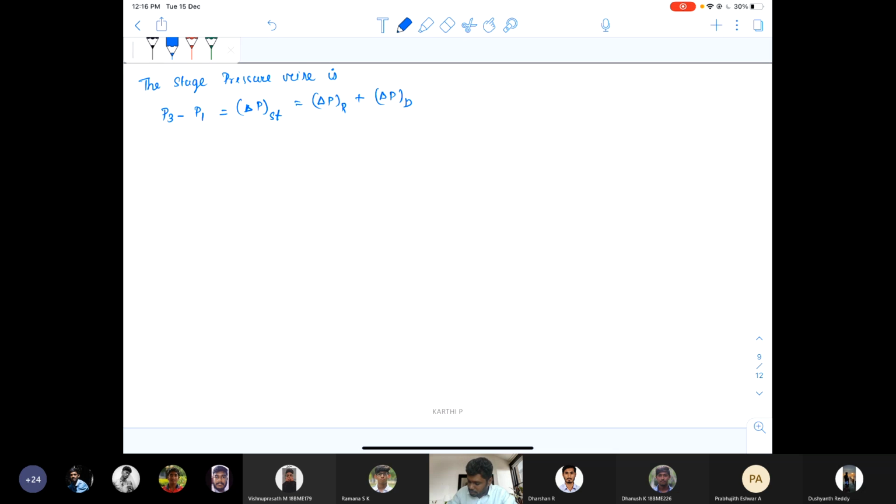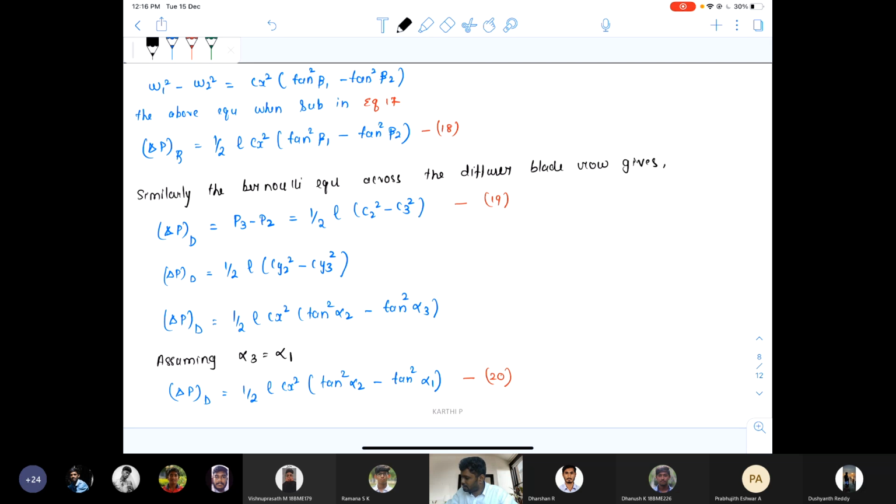Now, substituting from equation 18 and 19. The equation number 18 is delta P of R, the static pressure rise in the rotor, and the equation 19 is the static pressure rise in the diffuser.